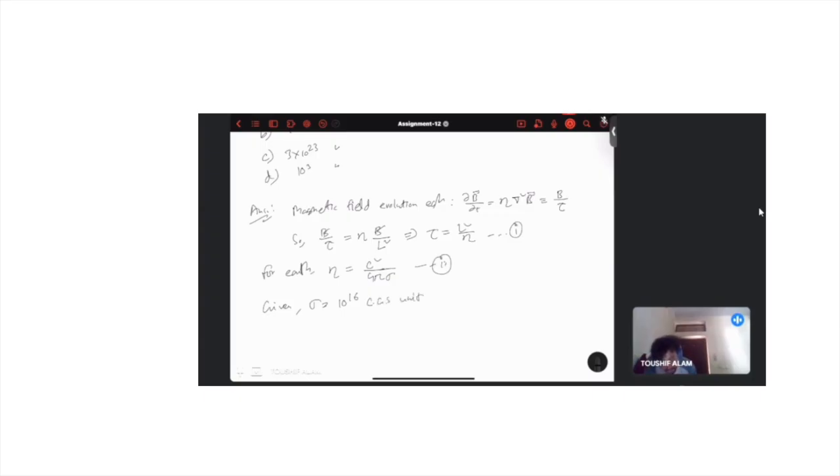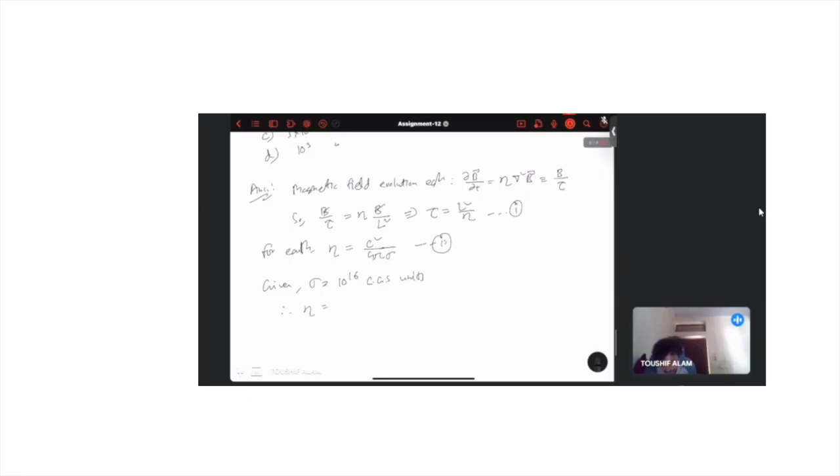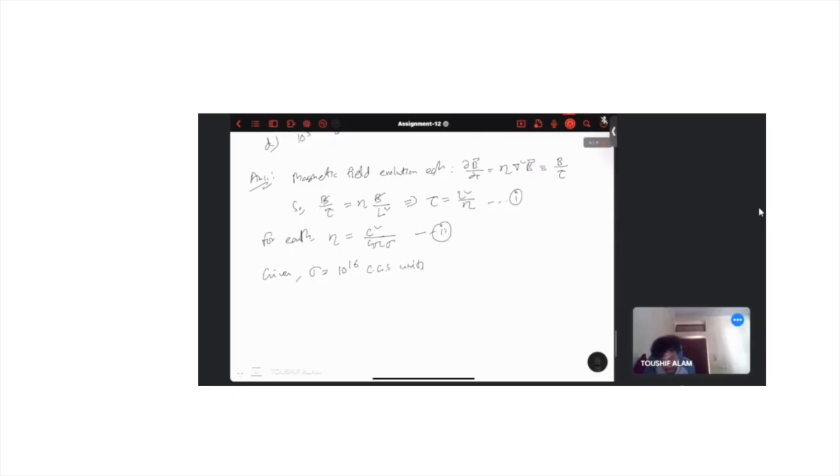So suppose we do it in CGS units. Combining equations 1 and 2, we get tau is equal to L square by c square into 4 pi sigma.